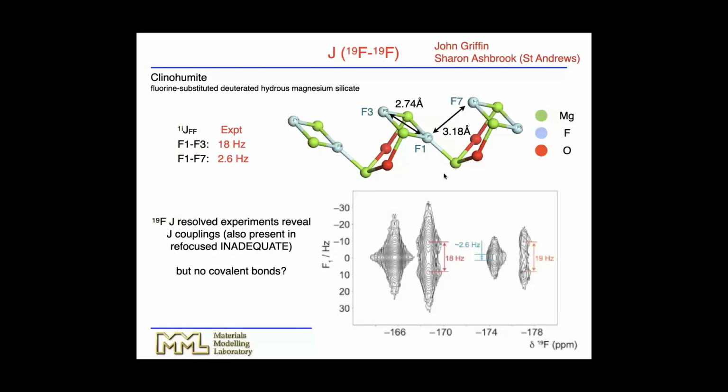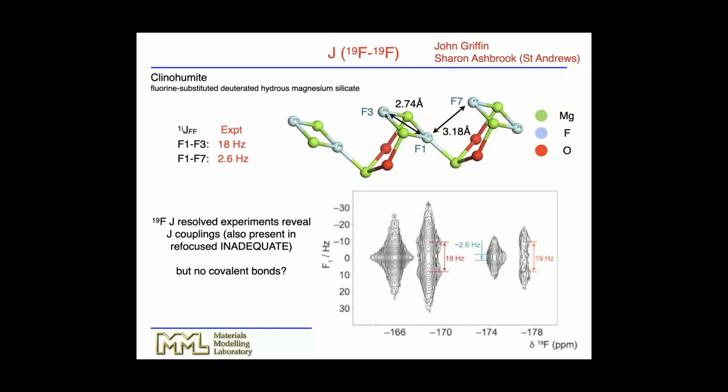This has also led us to look at some more unusual interactions in NMR. A number of years ago, a collaborator, Sharon Ashbrook in St Andrews, brought me this particular set of experimental spectra where it appeared that she was seeing J couplings between fluorine atoms.